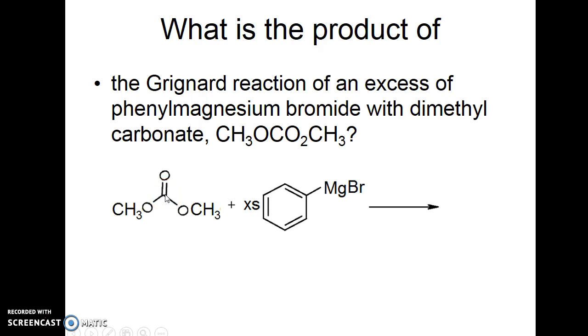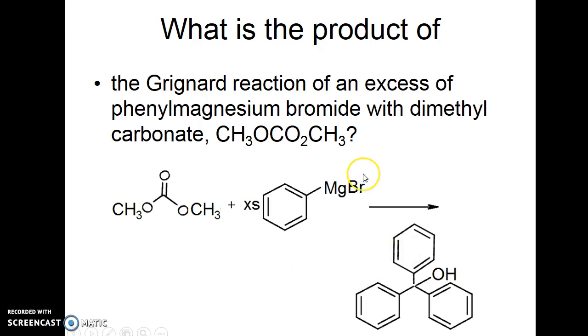Well, because we have an ester functional group here, and the alcohol portion will leave to allow another attack of the Grignard reagent. What will happen is we'll get 3 substitutions here. 1 for the elimination of this alcohol portion, 1 for the elimination of this alcohol portion, and then another for addition to the carbonyl. So we get this triphenyl methanol product after acid wash, of course, which is not shown.